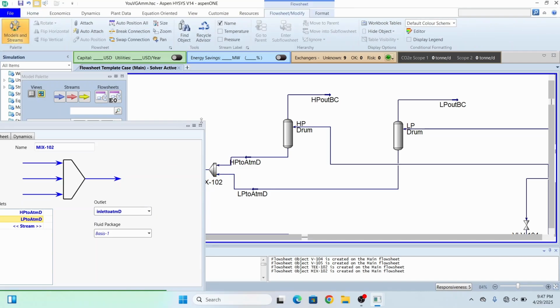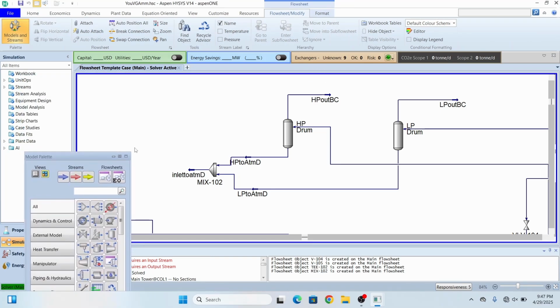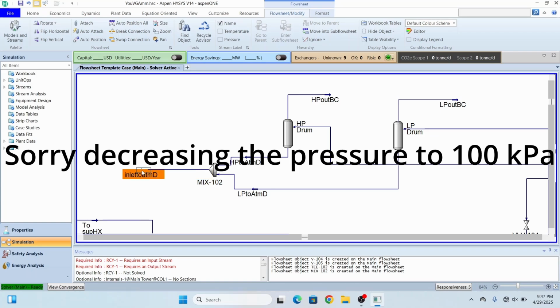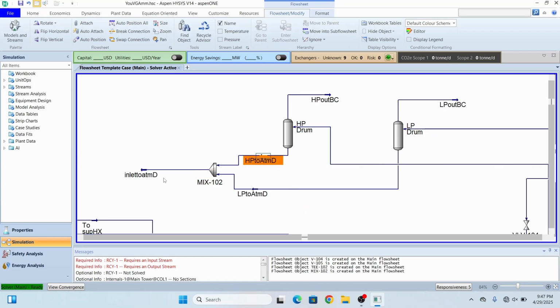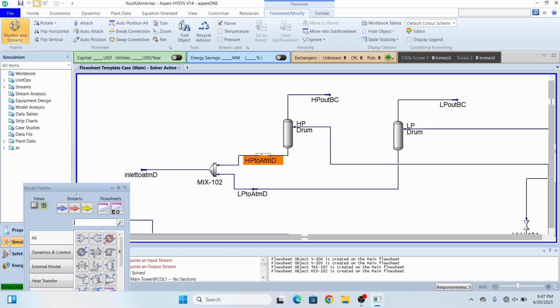Okay, that has also converged. Now here we will again be using a letdown valve, and from this letdown valve we will be decreasing the pressure to 100 kilopascal. Again I will go to the model palette and select a valve. This is our last letdown valve.